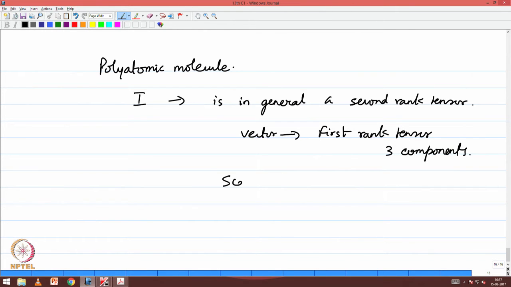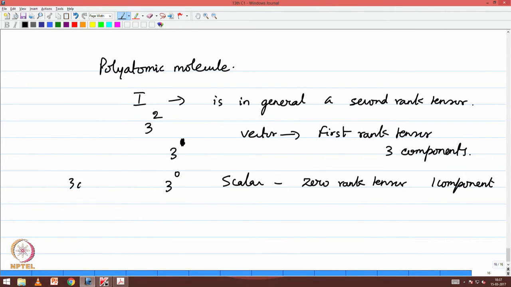A scalar is a 0 rank tensor, has only one component, namely the magnitude, and tensors are generalizations of the number of independent components in different directions. So, a second rank tensor has 3 raised to 2 components, you can call a vector 3 raised to 1 and the scalar 3 raised to 0 in 3 dimensions. That is the x, y, z coordinate system that we use.